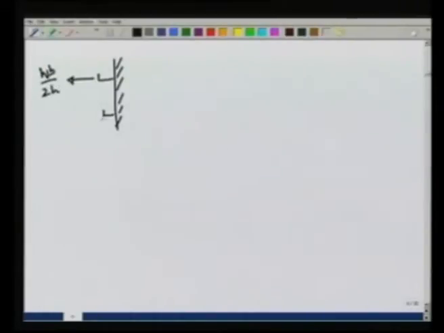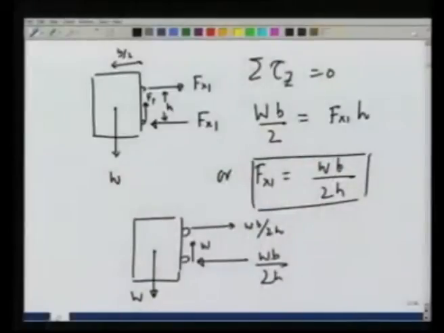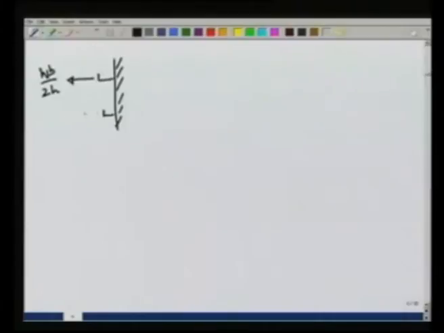Similarly, on the lower support, the gate is being pushed this way. So, therefore, there will be a force pushing the support in with a force Wb over 2h.